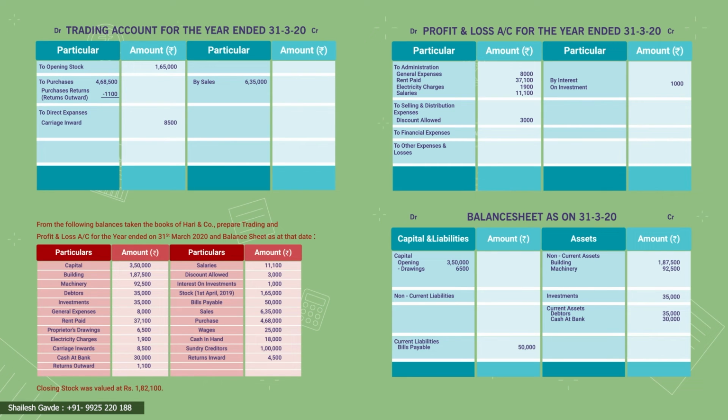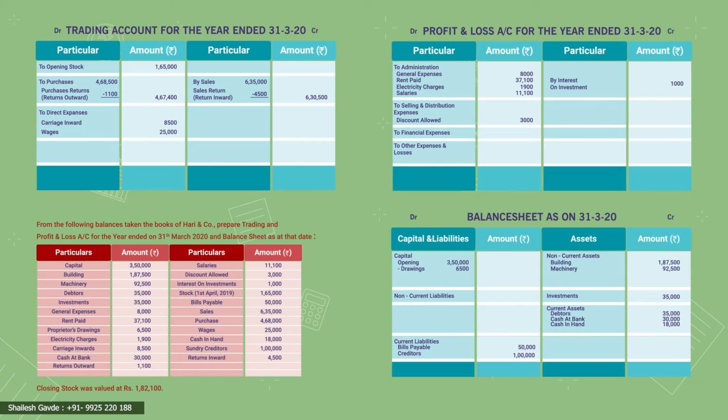Now from that we will deduct purchase returns and the net answer will be posted on outer column. Next, wages. Wages is a direct expense, trading account debit side. Cash in hand is a current asset, balance sheet asset side. Creditors is a current liability, balance sheet liability side. And returns inward means sales returns will be deducted from sales and the net amount will be recorded on outer column. So this is the posting which we did from trial balance.